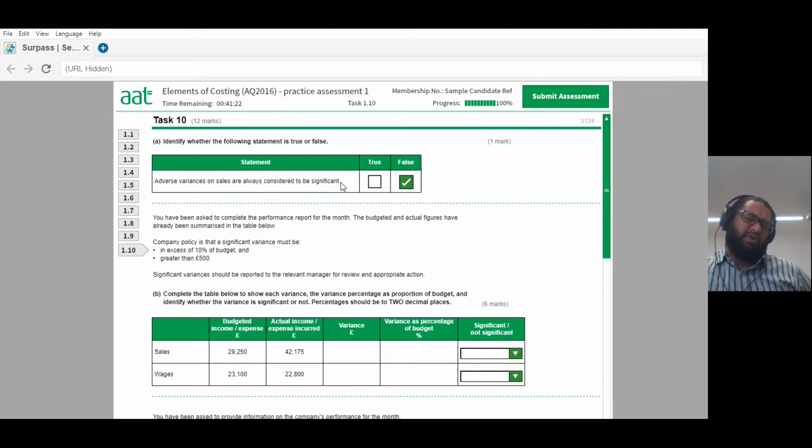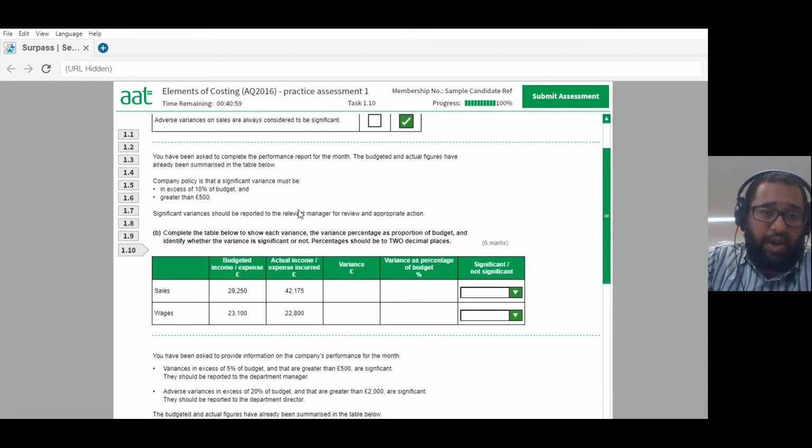It's not true, because you're not going to be spending any resources finding a small variance, even if it's by a pound. When they say always, that means it's not right. If they say adverse variance on sales can be considered to be significant, of course you can think about it. Yes, it's an option. But when they say always, it's not right.